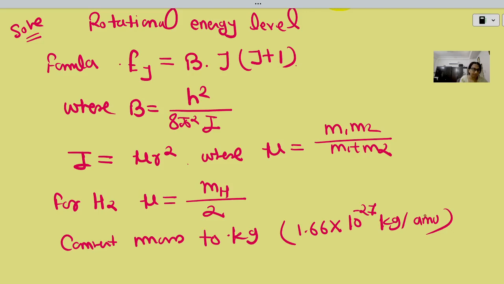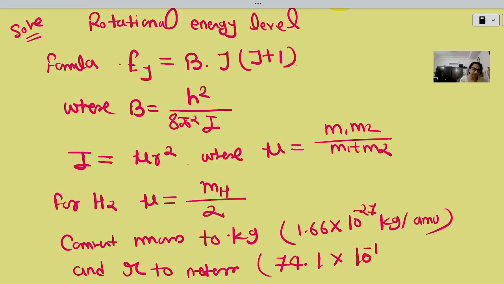Okay. Now calculate the value of R. R, that is the internuclear distance in meters, that is 74.1 into 10 to the power minus 12 meter.